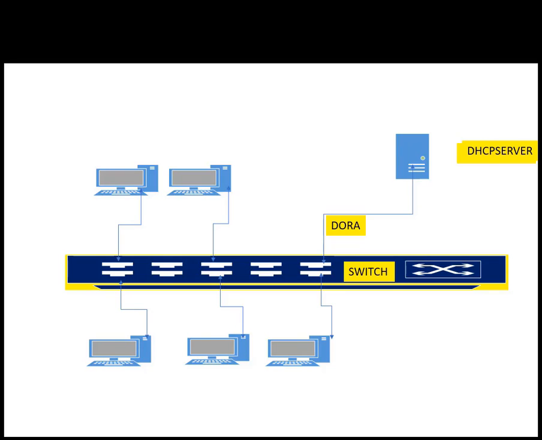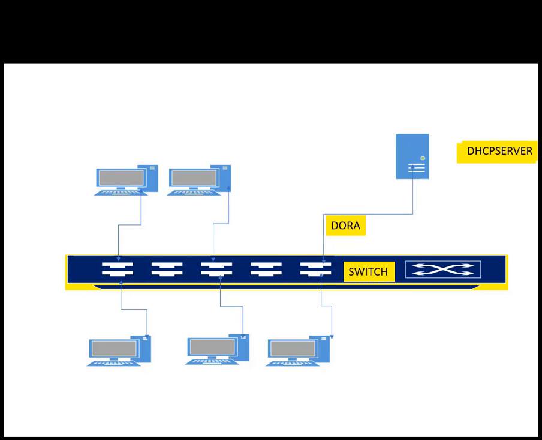So that's what happened, like a discovery at that moment. Then the server will say, offer, I want to give you an IP address since you are looking for that. The client computer will get that offer, and then it requests that IP address, right? And the server will acknowledge that and say, hey, I'm going to assign you this one.